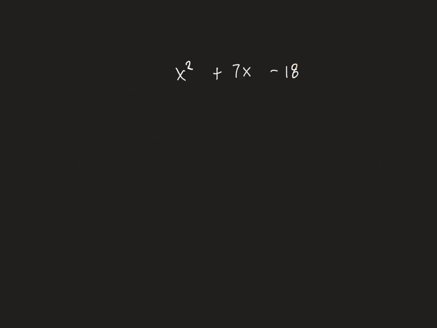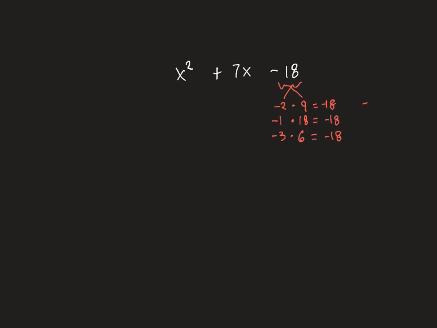All right, guys, let's take a look at this example. Once again, let's do our steps. We are now interested in which numbers multiply to give me negative 18. I know that negative 2 multiplied by 9 is going to give me negative 18. I also know that negative 1 multiplied by 18 is also going to give me negative 18. I also know that negative 3 multiplied by 6 is also going to give me negative 18, and obviously vice versa.